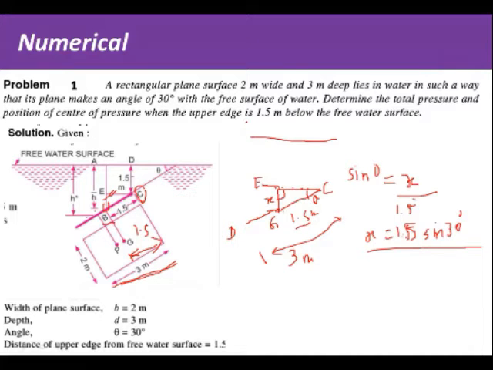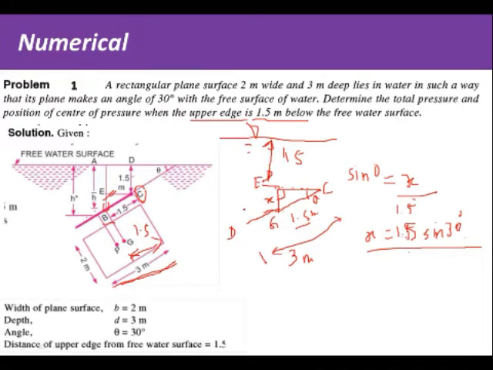Now we already know the top edge HC is at a distance of 1.5 meter. In the problem it is given that the upper edge is 1.5 meter below the free liquid surface, and the x is 1.5 sine 30.